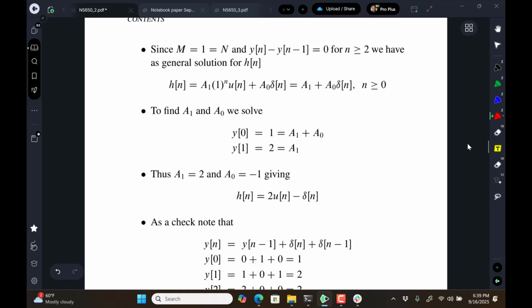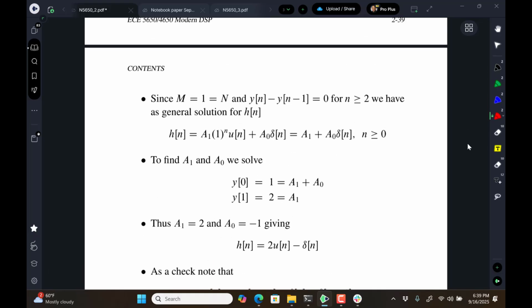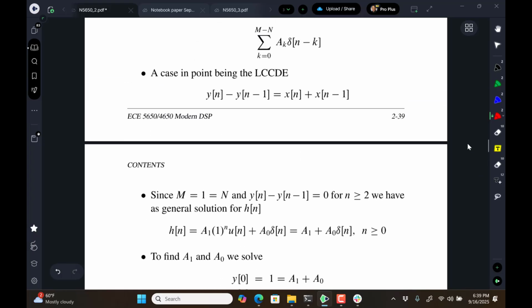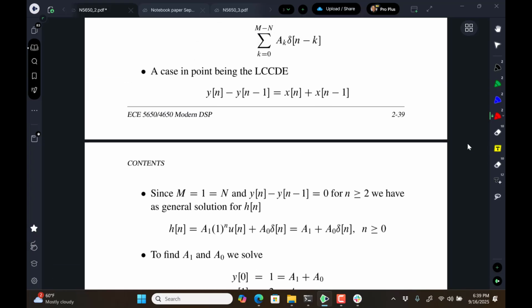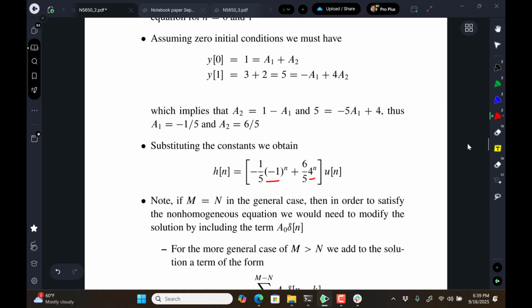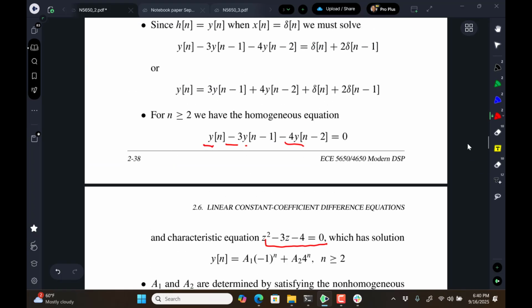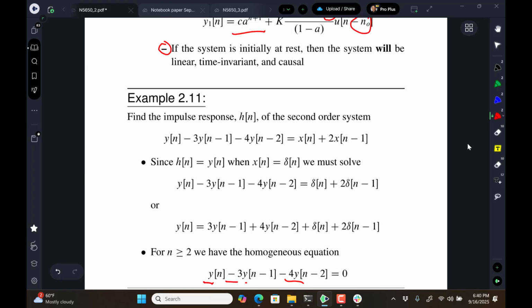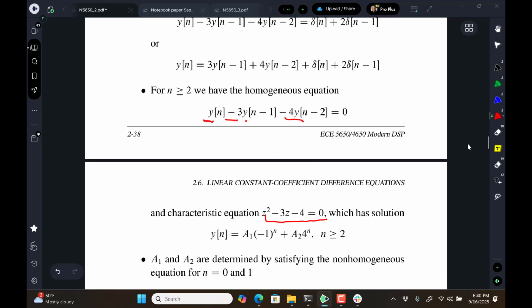There is another example in here, though, which looks at this difference equation and just solves for the coefficients for this one. This is not really related to the homework, though, but in the hints page I talk about example 211 quite a bit, and 210 is also key if you want to work with the classical solution technique.